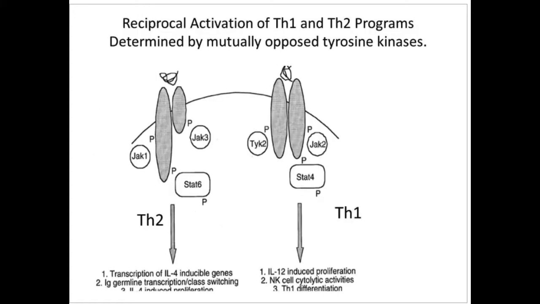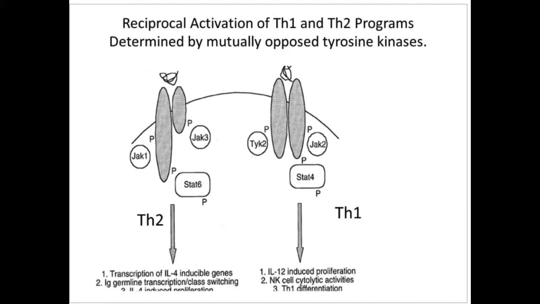So some of the common themes in T cell differentiation is activation of certain programs by tyrosine kinases and phosphatases and all of these little sort of miniature chemical machines that are working in the T cell. In this case, we have two factors, STAT6 and STAT4.